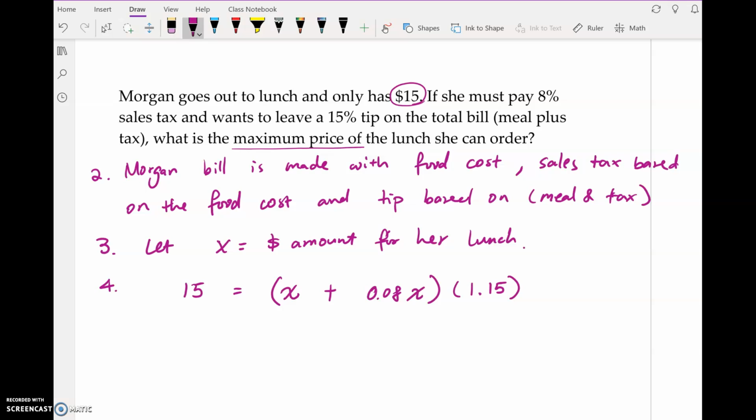So here we're using the multiplier because it's going to be one step.